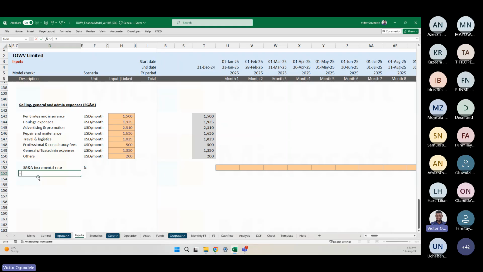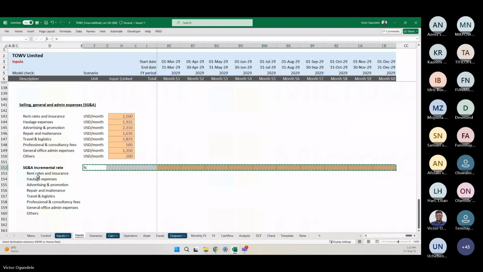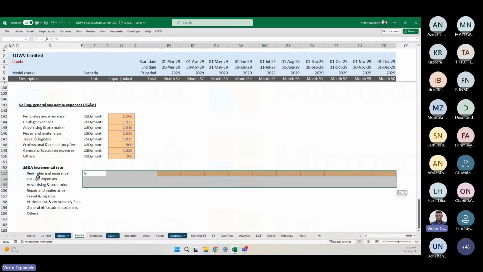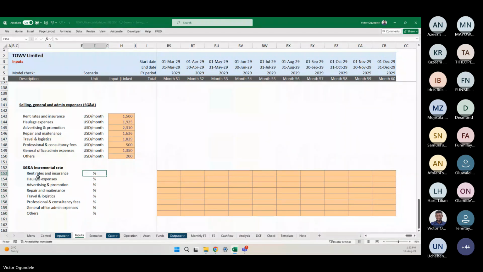Just link it to each of the line items, so that each line item has its own growth. This one I used here, I'll just cut it and put it down here and copy it.